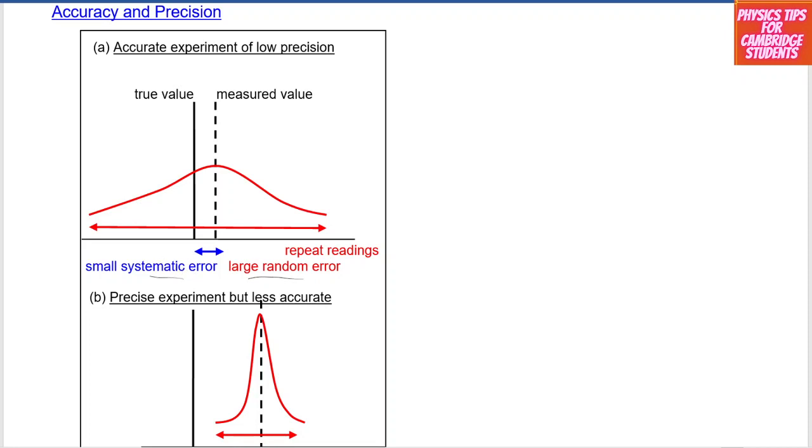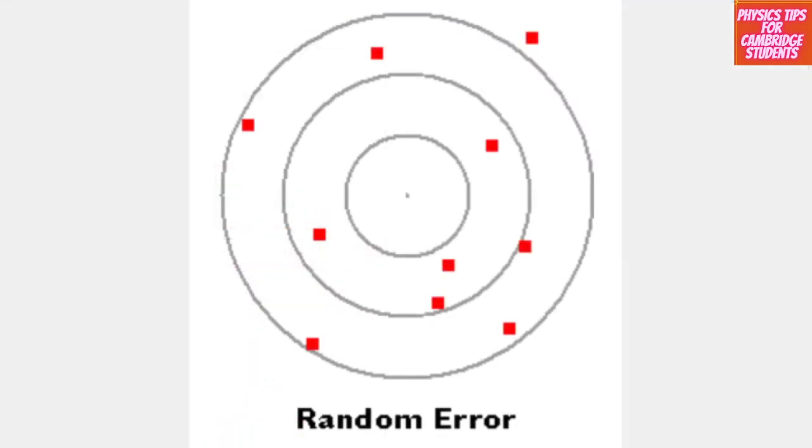They form a scatter of points that are very close to the true value, but scattered, which means there's a large random error, like in the picture I showed. They are scattered around the mean value in the middle.